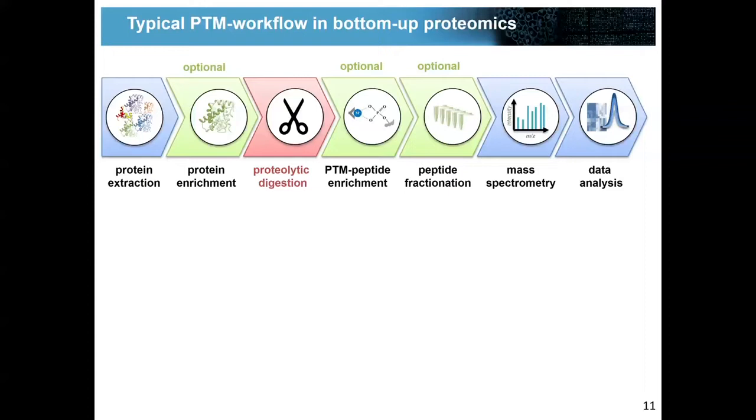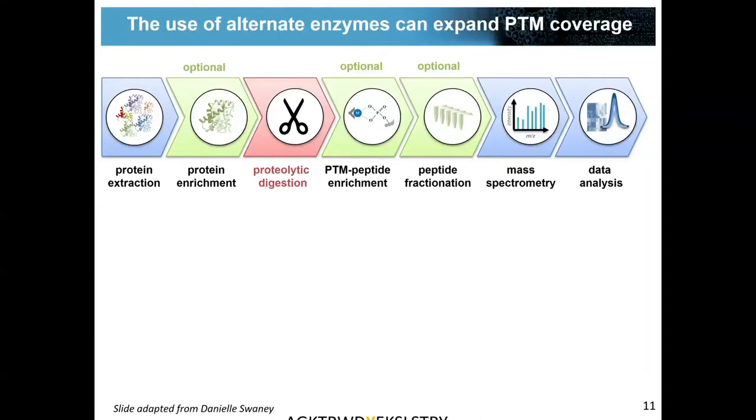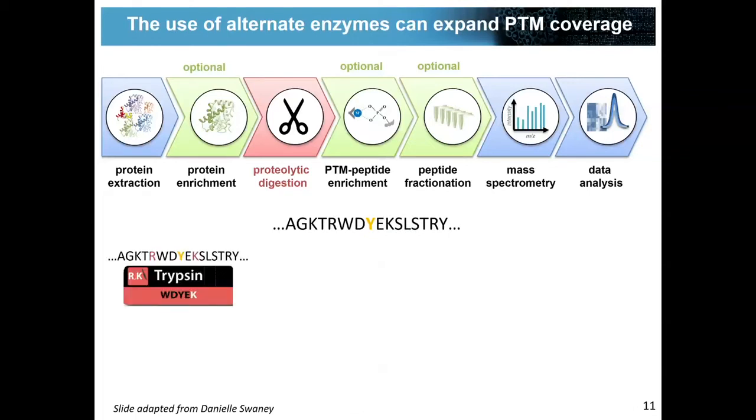And that's why it actually makes, maybe in PTM analysis, a lot more sense to think about alternatives to trypsin. So just to give you one example, let's assume you are here interested in a PTM going on that tyrosine. If you work with trypsin, you unfortunately end up with a very small peptide that you may not be able to identify or analyze.